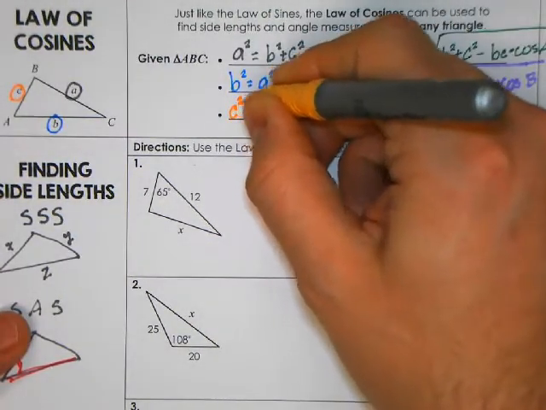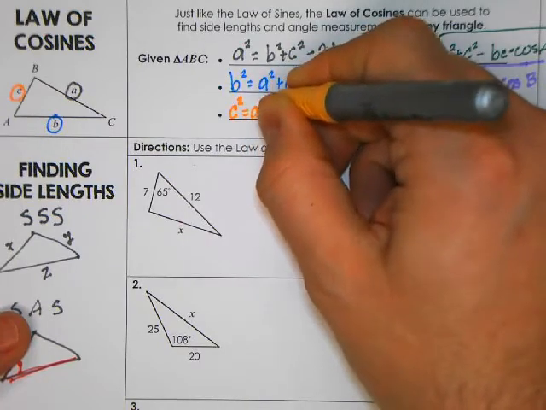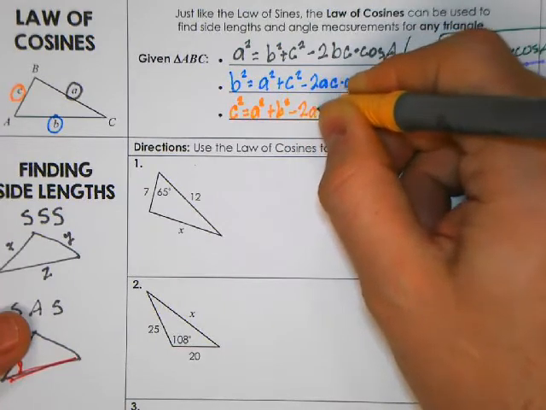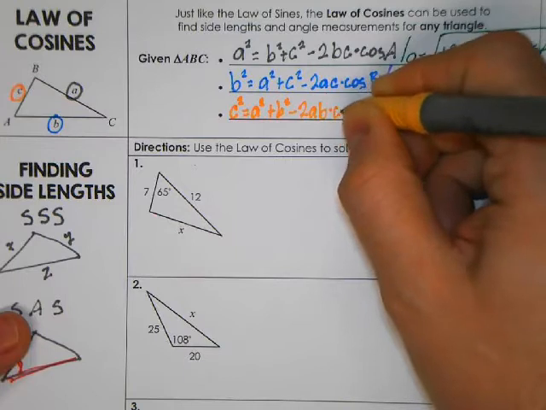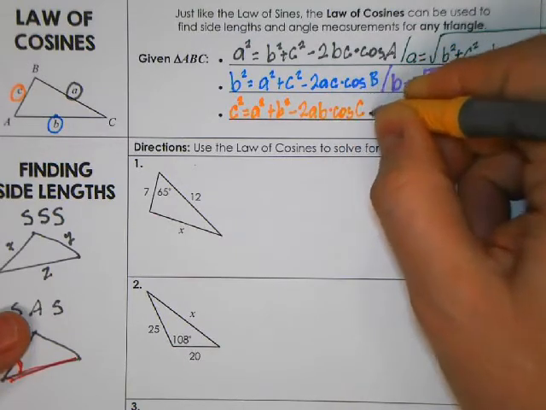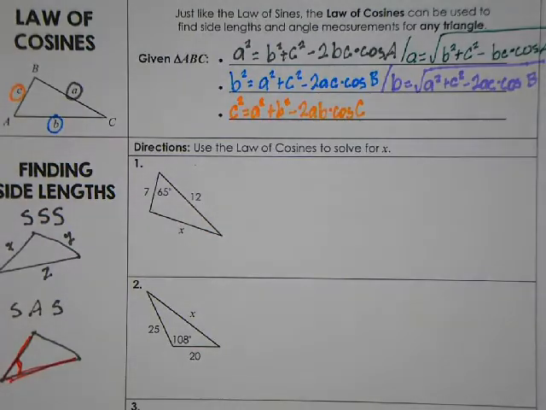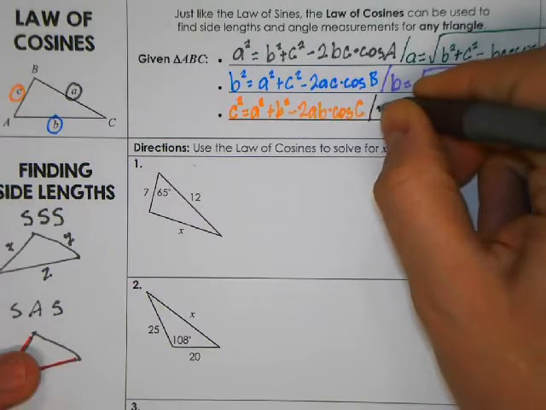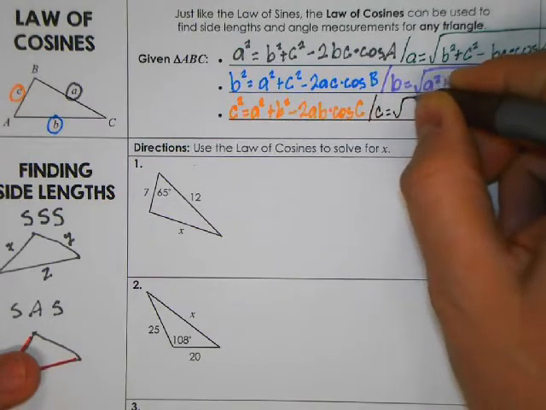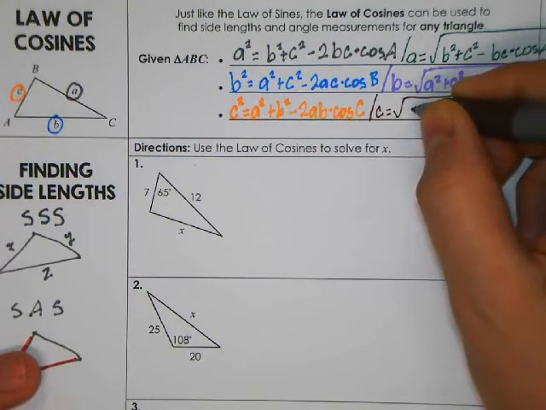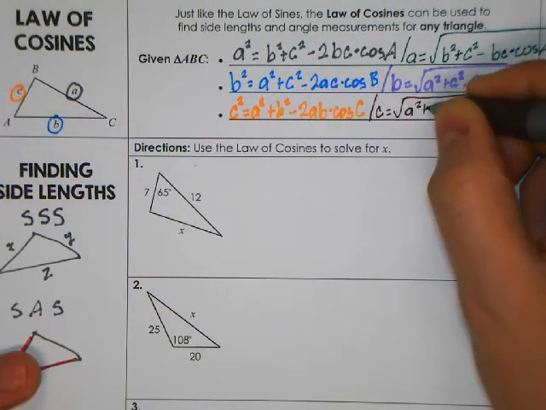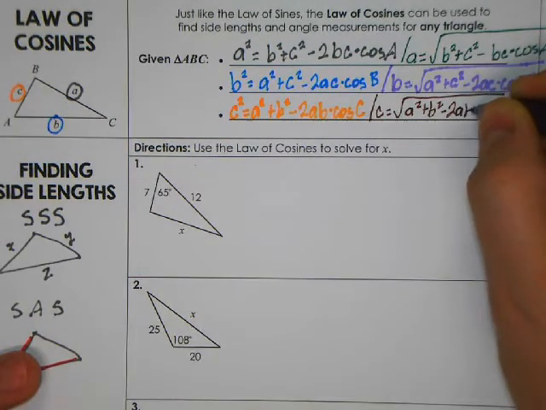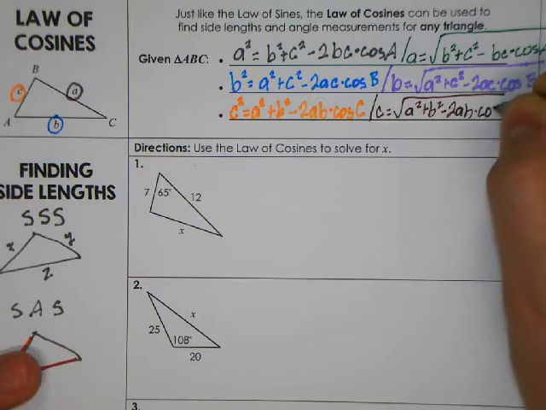I would say C squared is equal to A squared plus B squared minus 2 times A times B times the cosine of angle C. And one more time, we'll put it up here with the square root. So we could say that side C is equal to the square root of A squared plus B squared minus 2AB times the cosine of angle C.